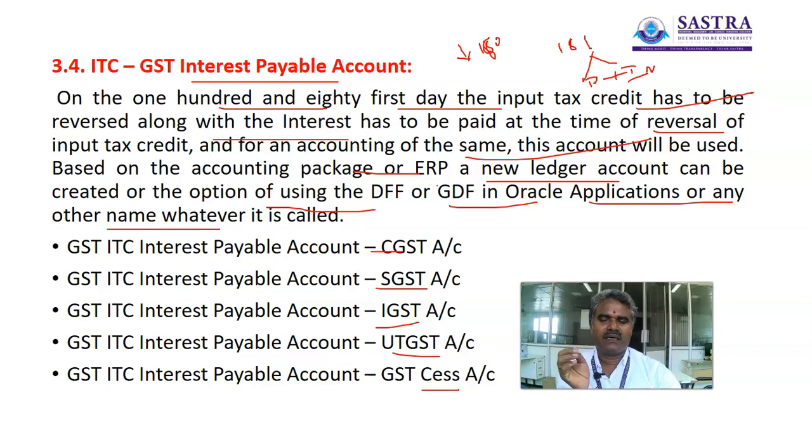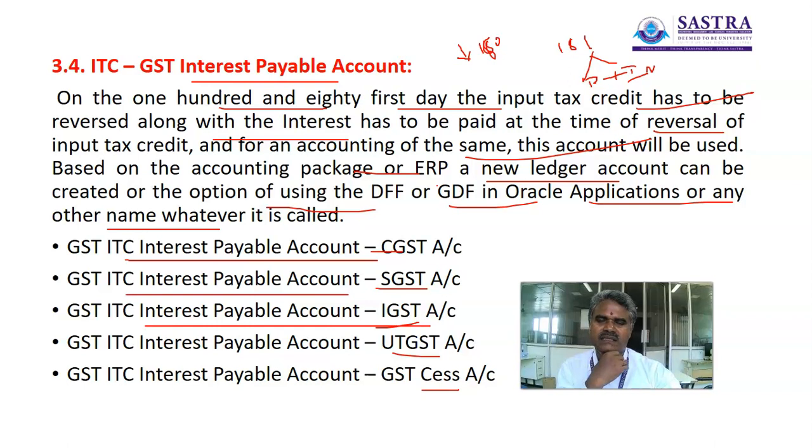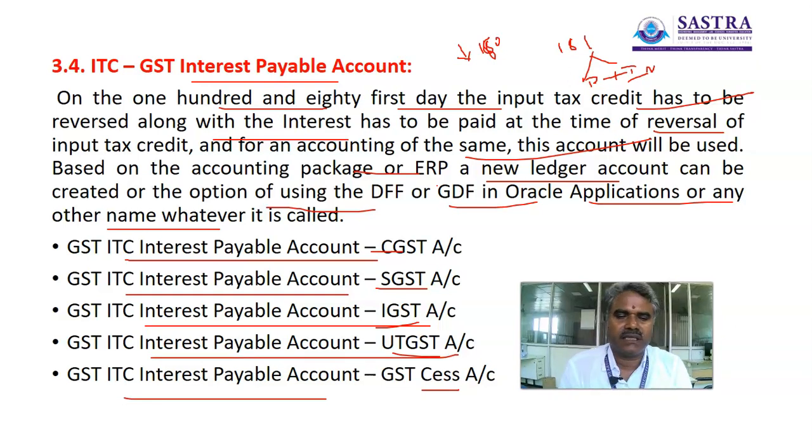Everything is maintained separately; that is very important. So here also: ITC interest payable account CGST, ITC interest payable account SGST, ITC interest payable account IGST, ITC interest payable account UTGST, then ITC interest payable account GST cess.